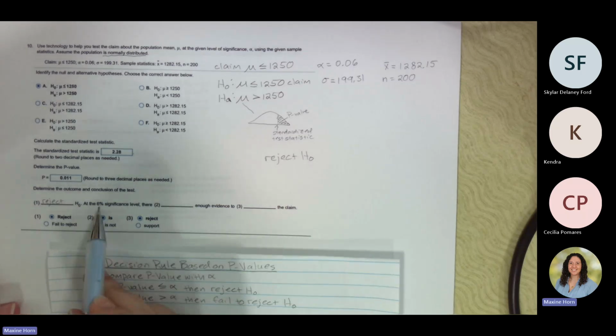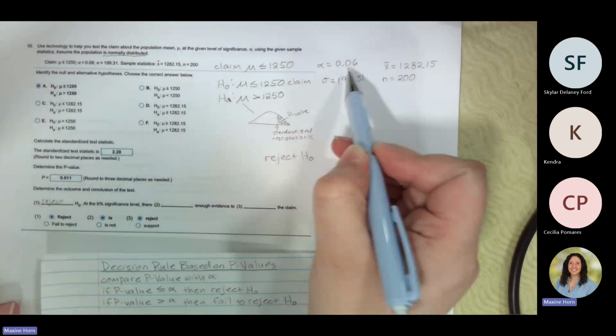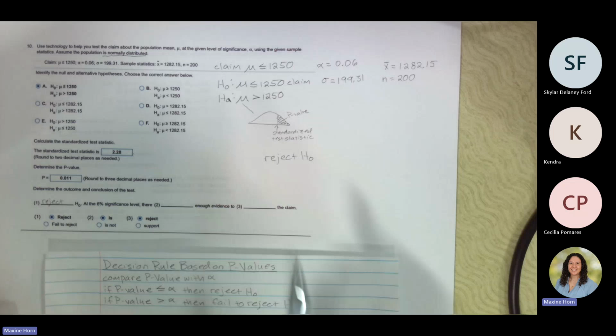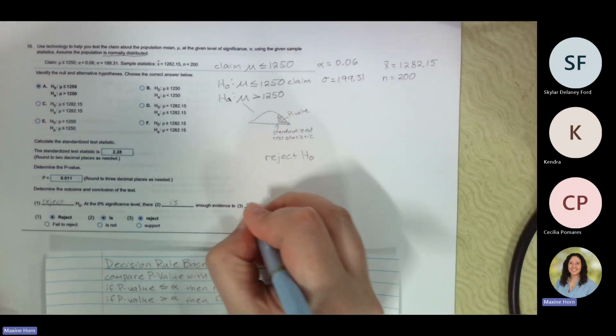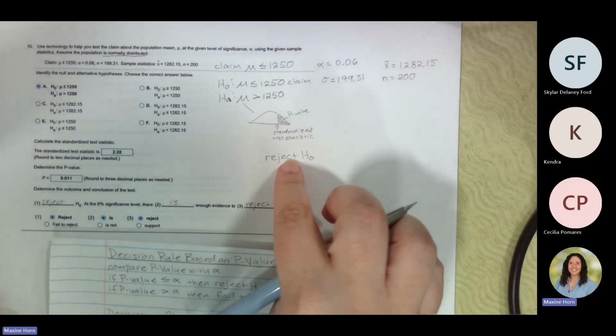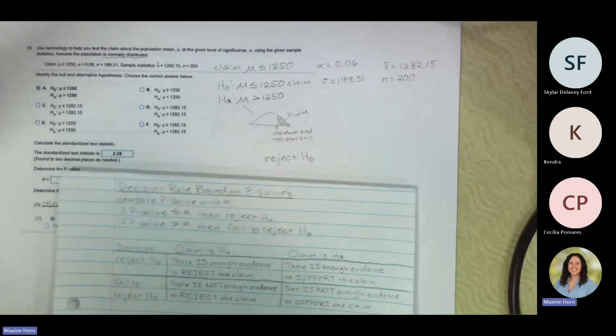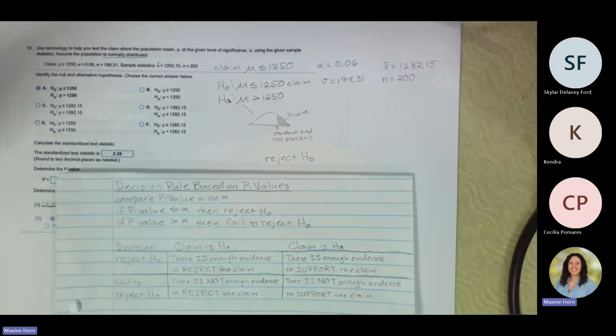Right, that's our alpha, 6%. There is enough evidence to reject the claim. We rejected it, so we say there is enough evidence to reject it, based on our decision chart down here. Hold on just a moment.